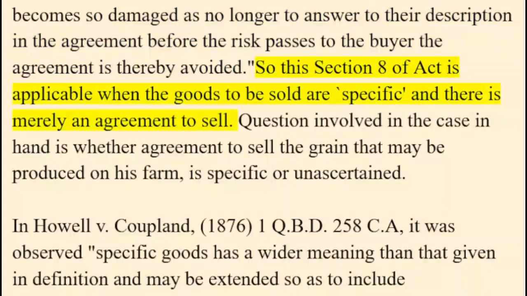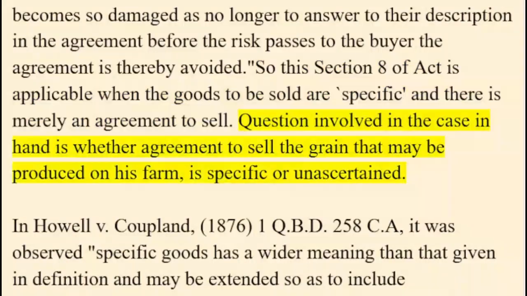So Section 8 of the Act is applicable when the goods to be sold are specific and there is merely an agreement to sell. The question involved in the case in hand is whether an agreement to sell the grain that may be produced on his farm is specific or unascertained.